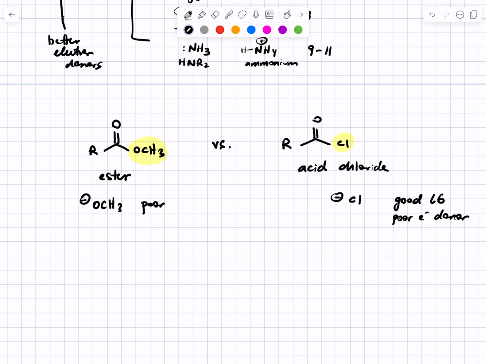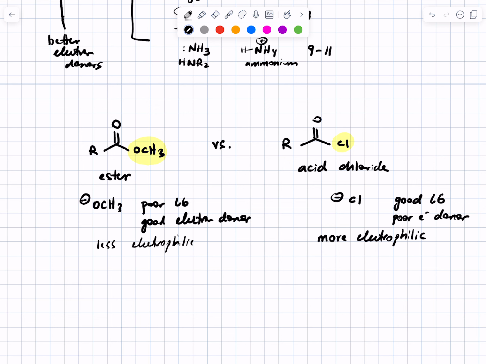We're just going to call it in general a poor leaving group, but a good electron donor. We're going to see that that consideration tells us that the acid chloride is a better electrophile than the ester. Okay? The ester is less electrophilic than the acid chloride.